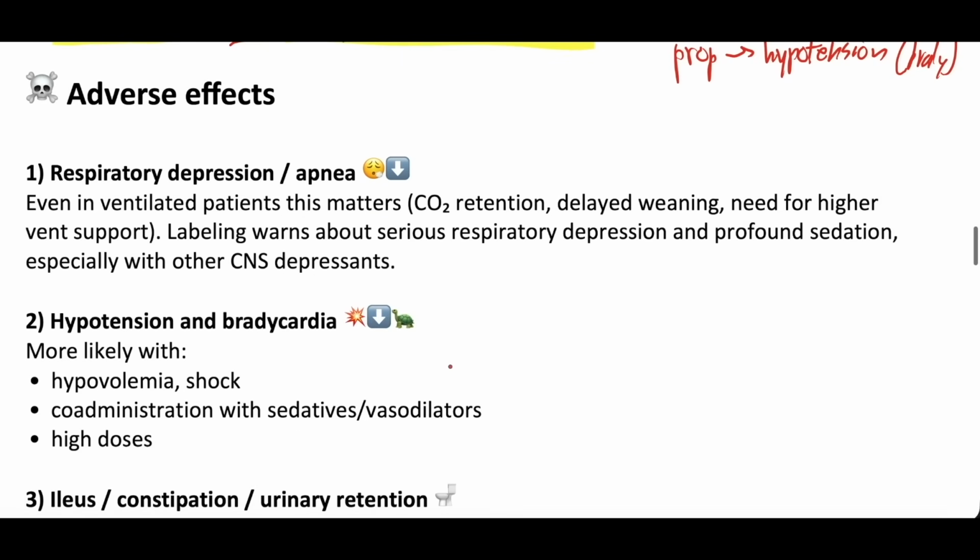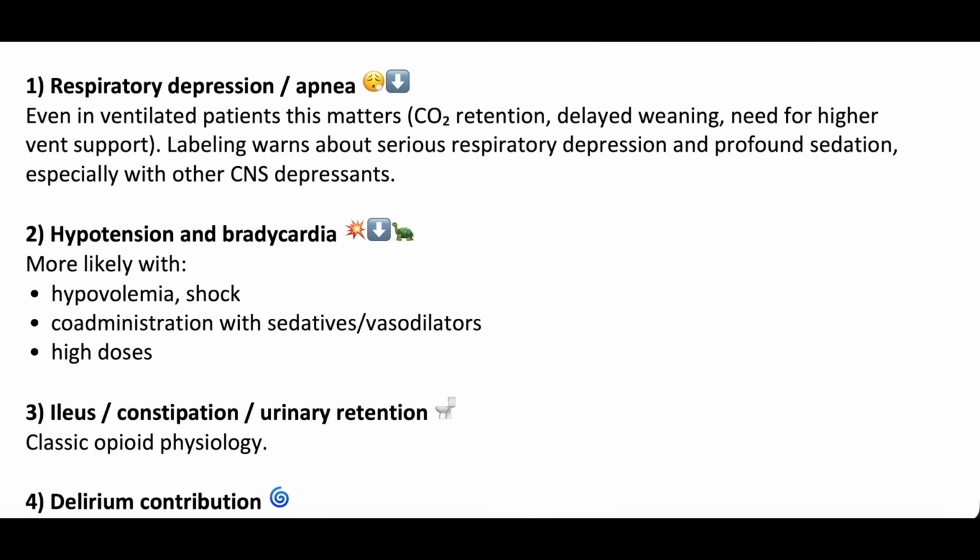Adverse effects. So as we talked about, respiratory depression and apnea are big things with any opiate, fentanyl included. In a ventilated patient who can control their own minute ventilation, think pressure control mode or pressure support mode, this can matter. If you have someone on volume control, and you have their respiratory rate at a reasonable number, it's kind of protecting their minute ventilation, so maybe less relevant, but still important to know and think about, okay?